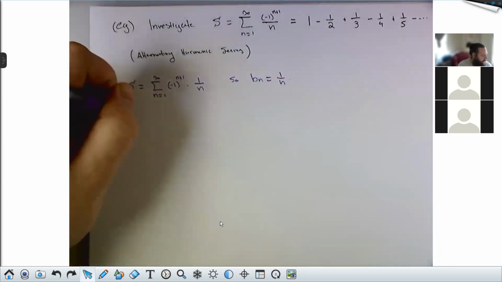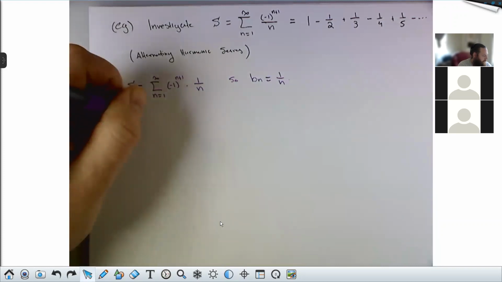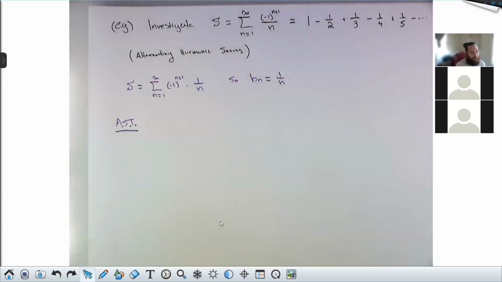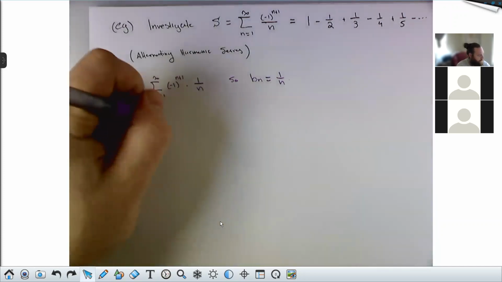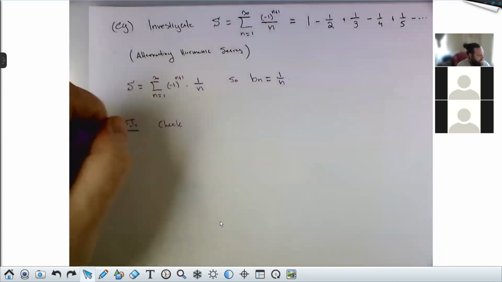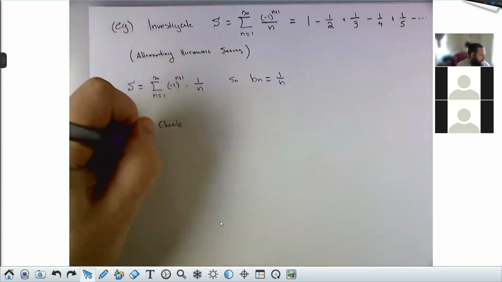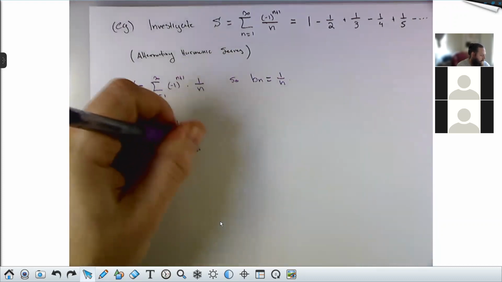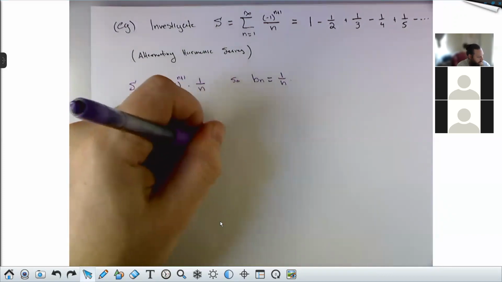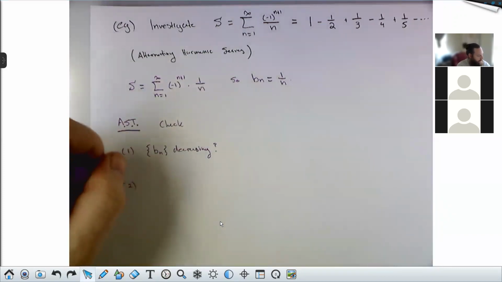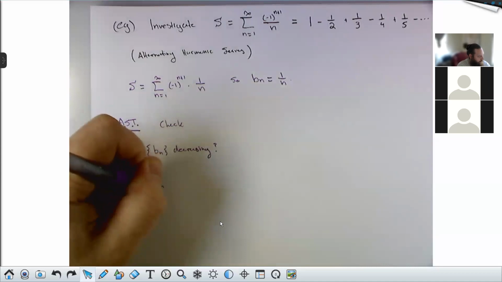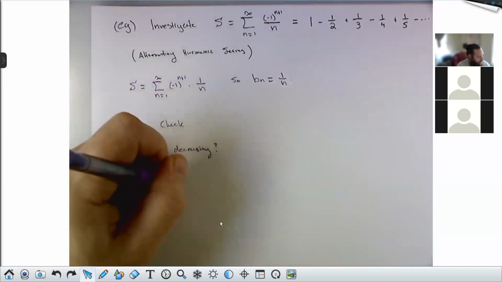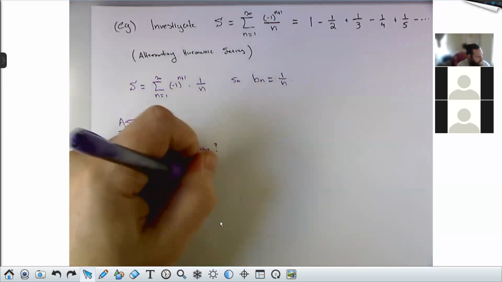So we're going to run the alternating series test, which I'll abbreviate as AST. And you should always tell your reader what you're doing. We want to check those two conditions. Is Bn decreasing? And is the limit as n goes to infinity of Bn equal to 0? We need to check these two things.